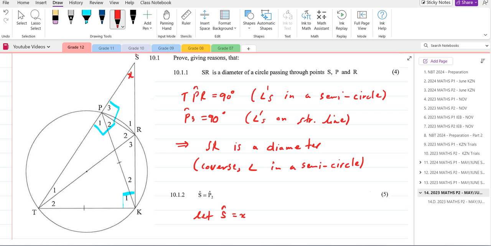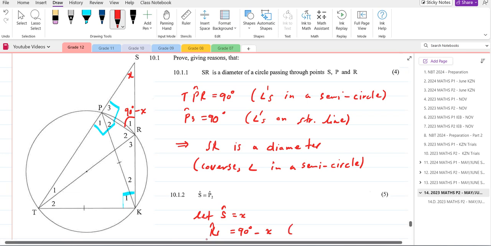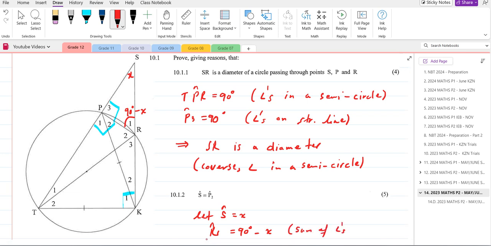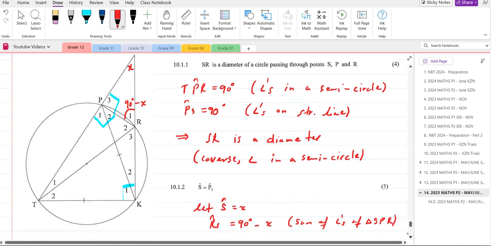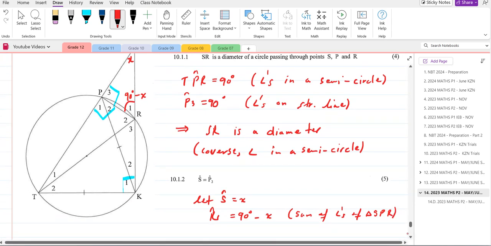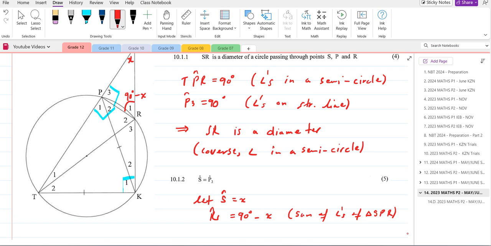We can say angle R1 is 90 minus X because of the sum of angles of a triangle. So angle R1 is equal to 90 degrees minus X, from the sum of angles of triangle SPR. Then this angle is also 90 minus X because the exterior angle of a triangle is equal to the sum of the interior opposite angles, or you can say the sum of angles of the big triangle.